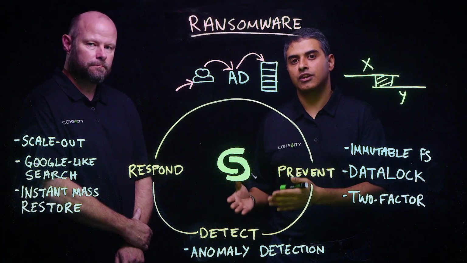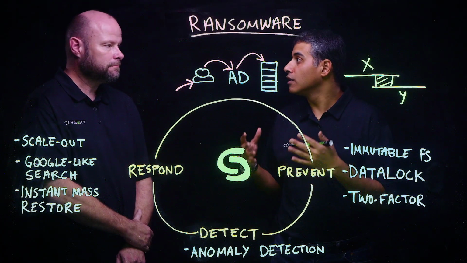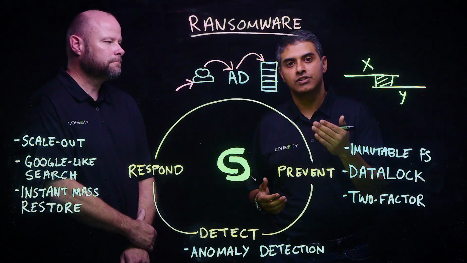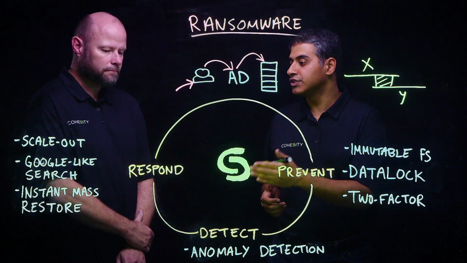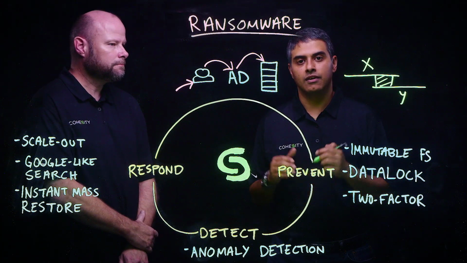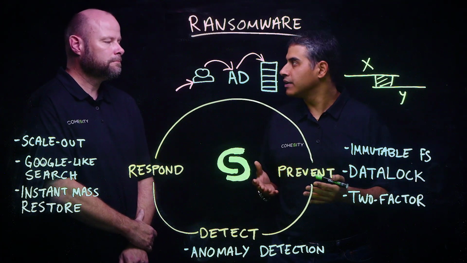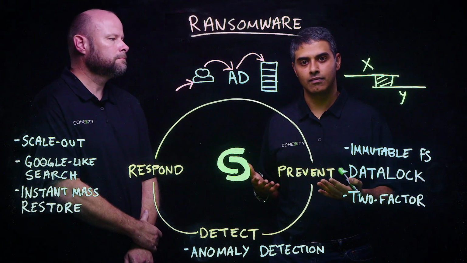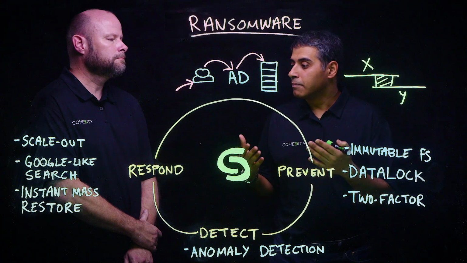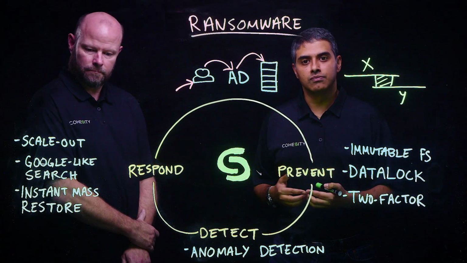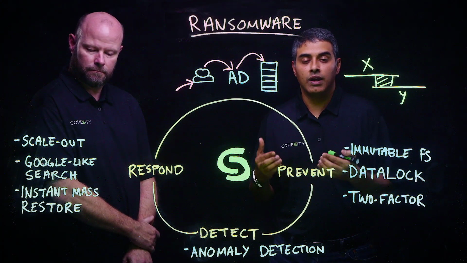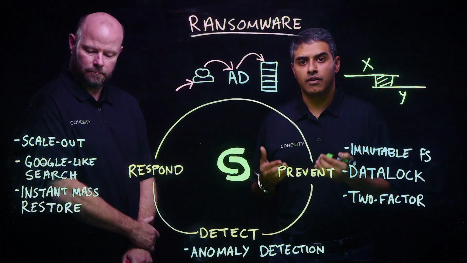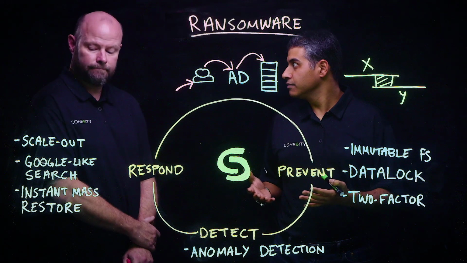And with a legacy solution, the IT admin will spend a number of hours, even days, recovering their entire infrastructure. Whereas Cohesity very uniquely offers instant mass restore. It uniquely offers the ability to the IT admin to recover hundreds of VMs instantly. And how do we do it? Because it's a distributed file system, we allow our IT users to have an unlimited number of snaps, which are fully hydrated.